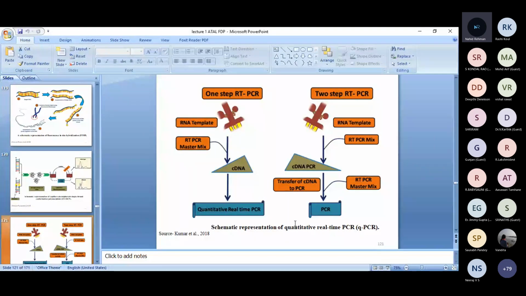Even in this COVID situation, this molecular technology of quantitative real time PCR has only led us to know whether the patient is suffering with COVID, or some microbial infection, any other infection, or some metabolic disorder, and so on.